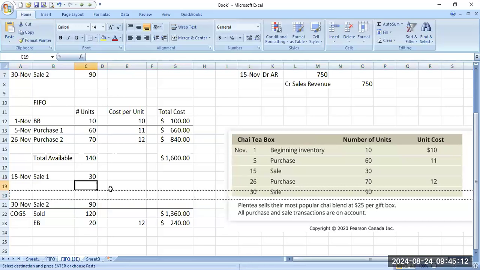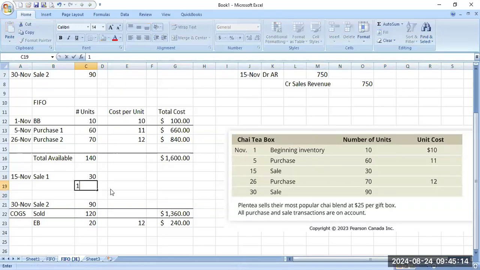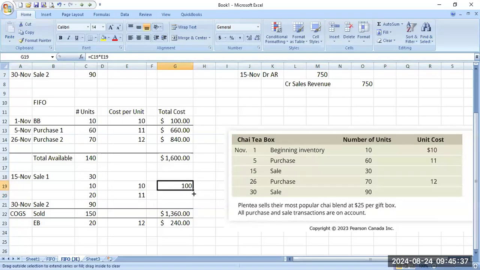The 30 units come from 10 units at $10 and another 20 units at $11. That gives us a total cost of $10 times 10 and 20 times 11.